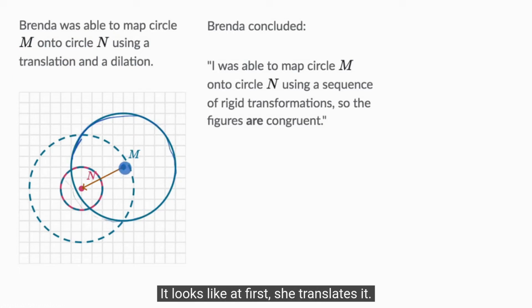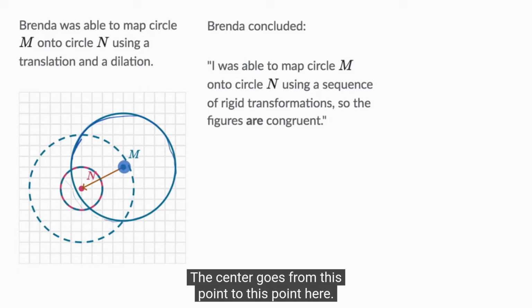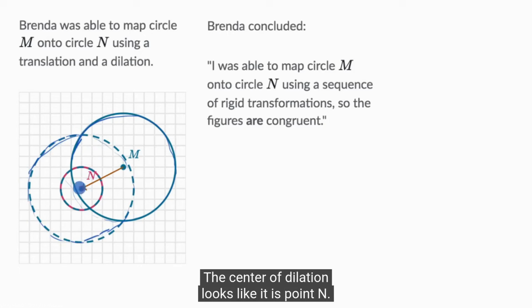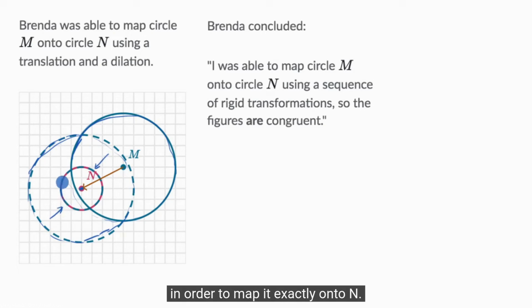And so it looks like at first she translates it. So the center goes from this point to this point here. And so after the translation, we have the circle right over here. And then she dilates it. And the center of dilation looks like it is point N. And so she dilates it with some type of a scale factor in order to map it exactly onto N. All right, so that all seems right.